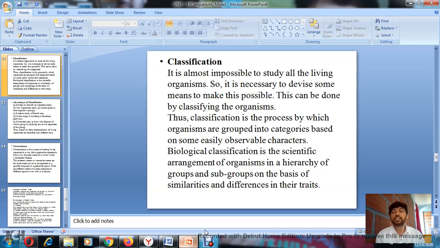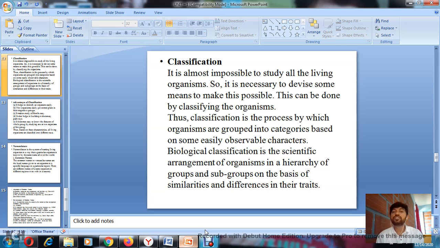So, it is necessary to devise some means to make this possible. To study these diverse organisms, we need to have a proper classification, right? This can be done by classifying the organisms.